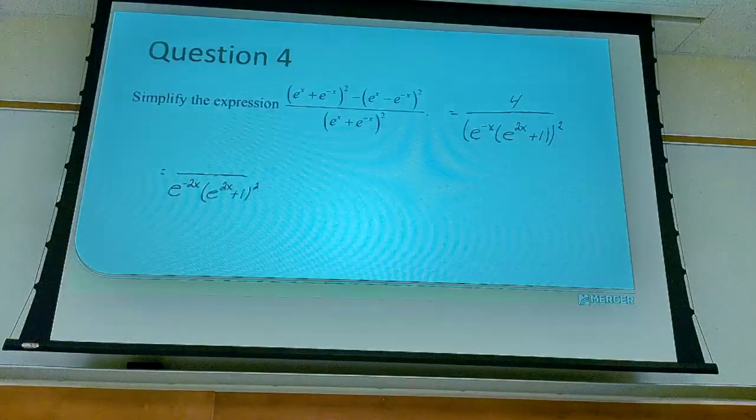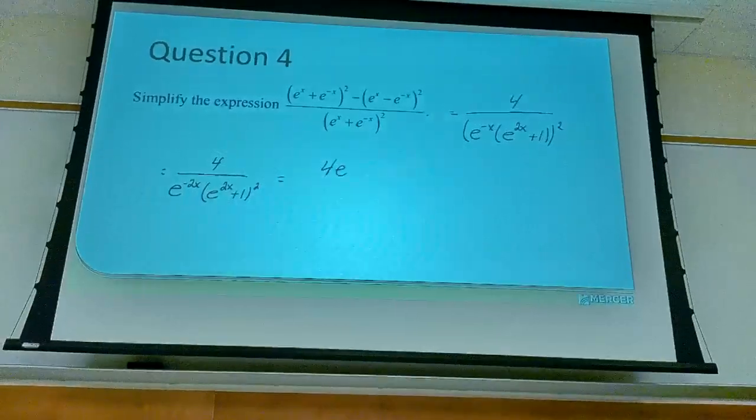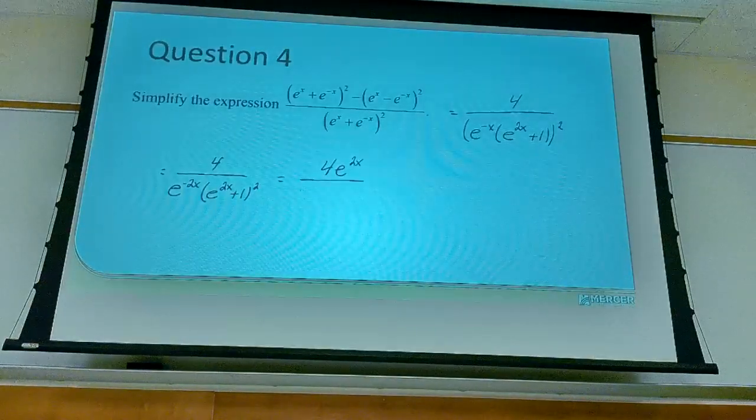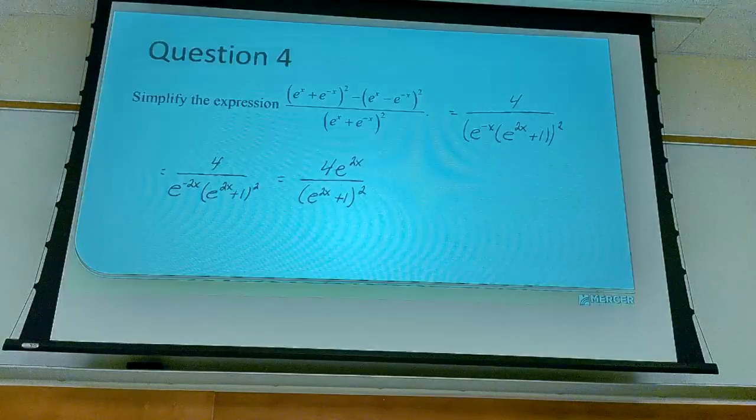Now, because the negative exponent's attached by a multiplication, you can now bring it up as a positive exponent. And as a general rule of thumb, we don't expand the denominator unless it's to our benefit. There's no benefit in expanding it out. Nothing's going to simplify, so just leave it.